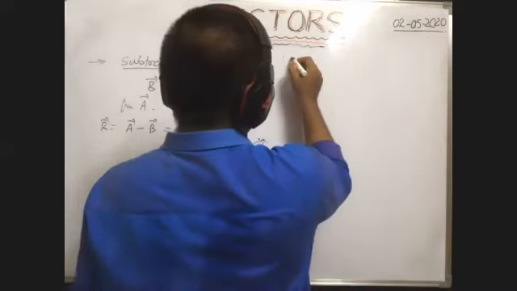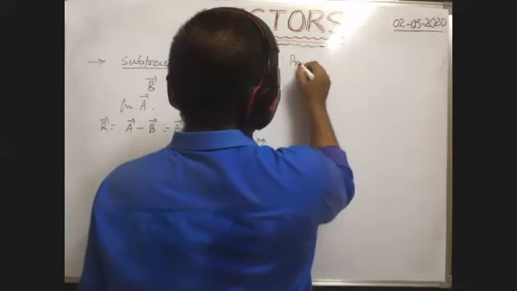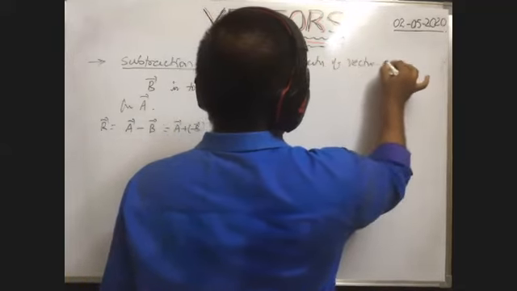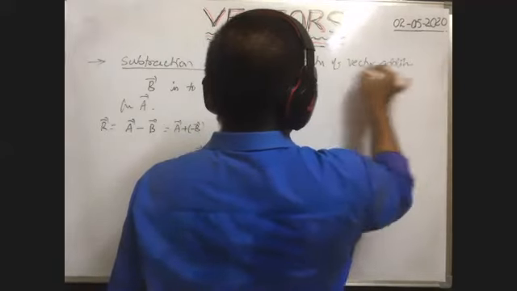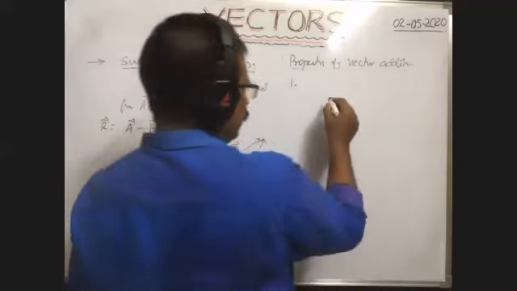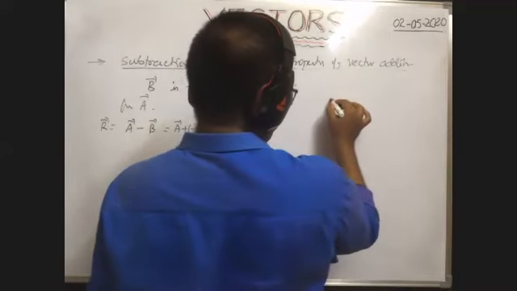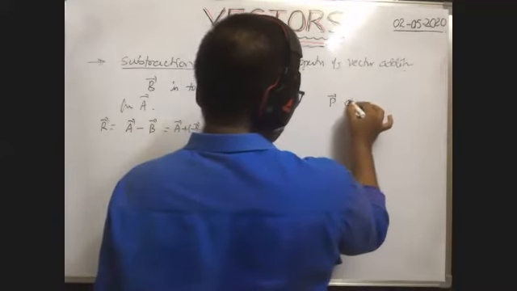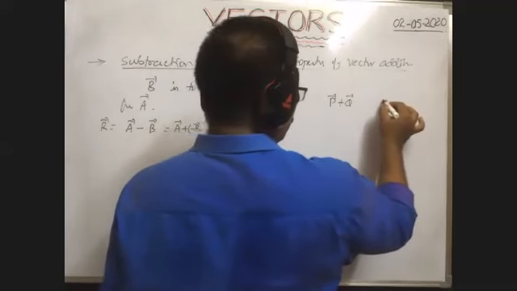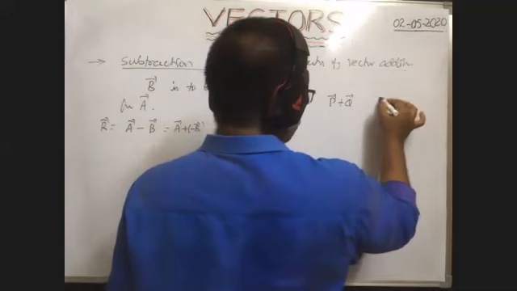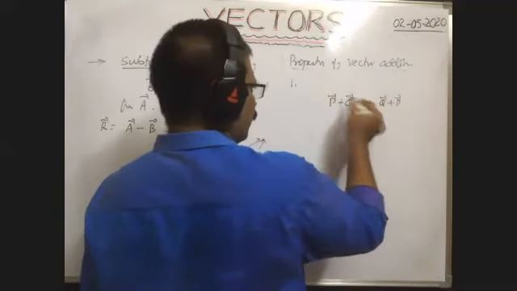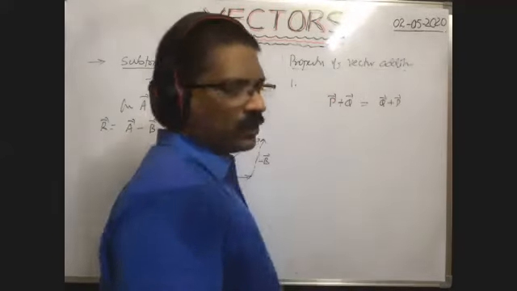Next, some laws and properties of vector addition. First one: if you add P bar to Q bar or Q bar to P bar, the result is the same. It makes no difference.